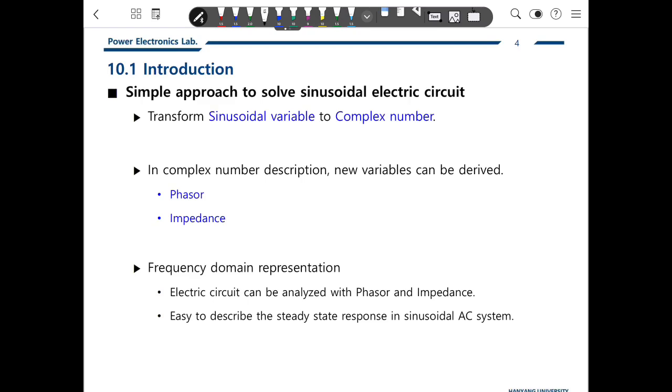I want to give a simple explanation of how to solve the sinusoidal AC circuit. A very simple way is to transform sinusoidal variables to complex numbers. And in complex numbers, we can use new variables, the phasor and the impedance.